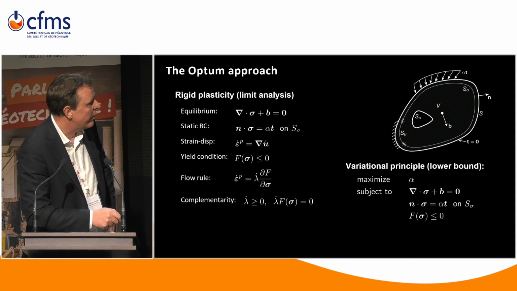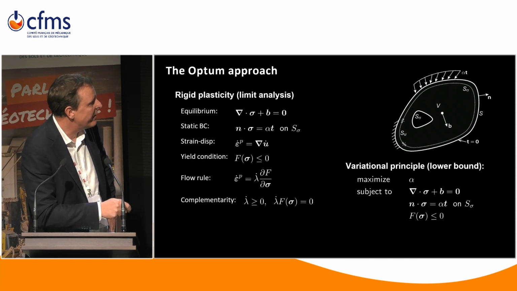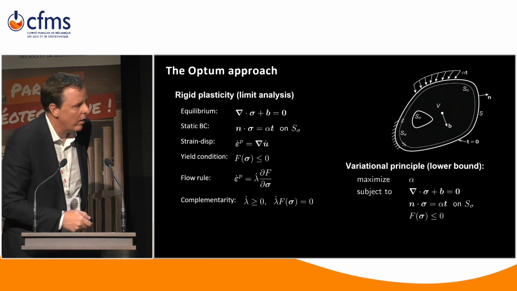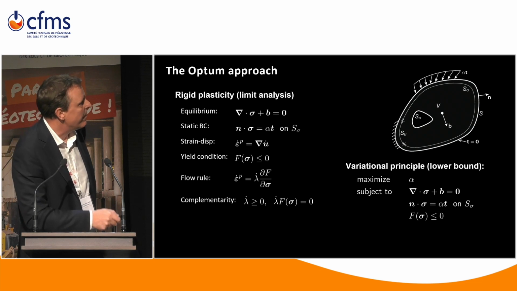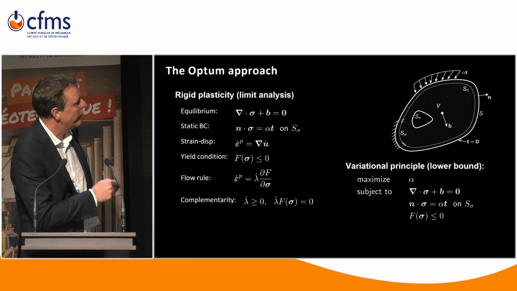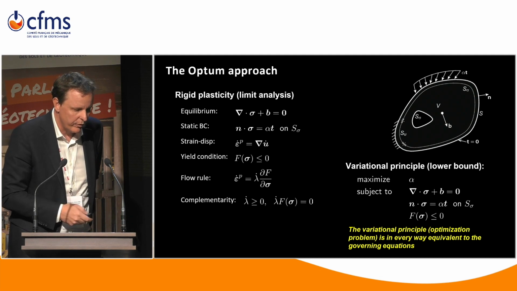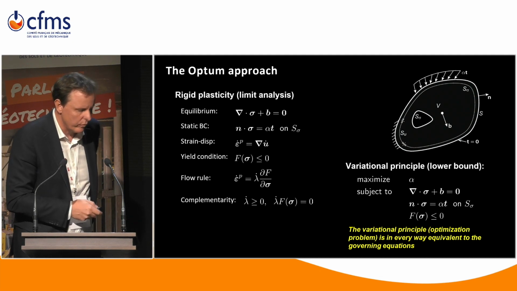The lower bound theorem is often misinterpreted as resulting in lower bounds. Actually solving this problem exactly, which is next to impossible except for very simple problems, implies the full set of governing equations. There's full equivalence between these two different formulations. So that's important to know.